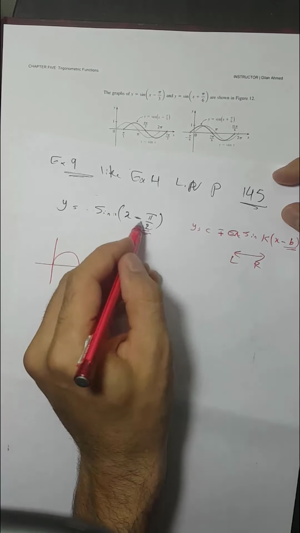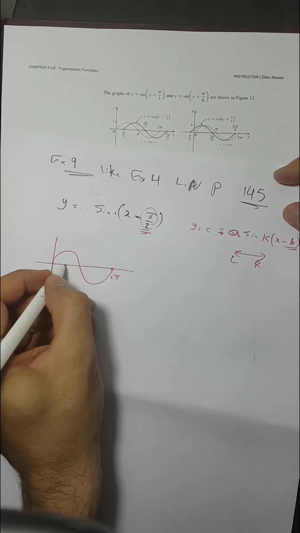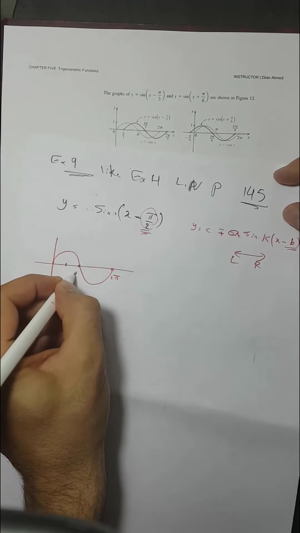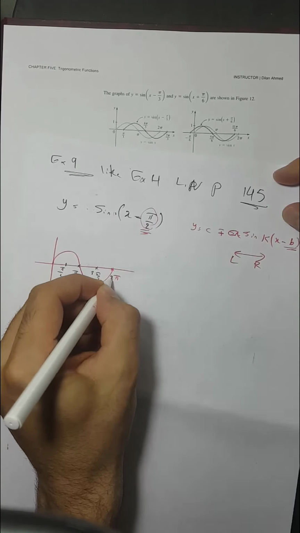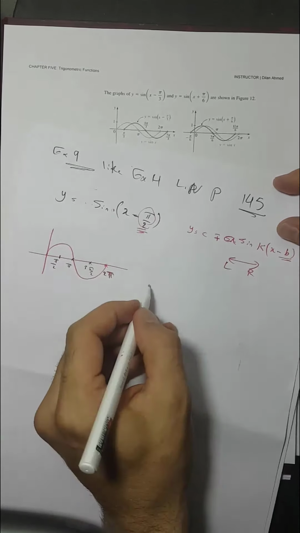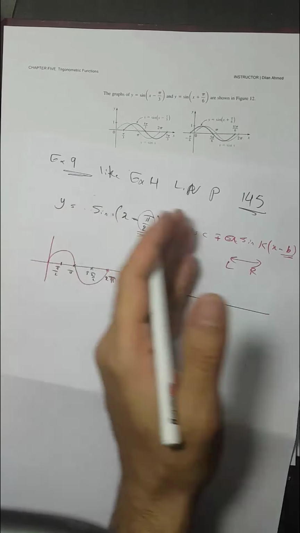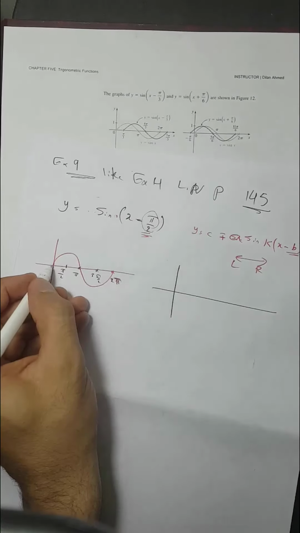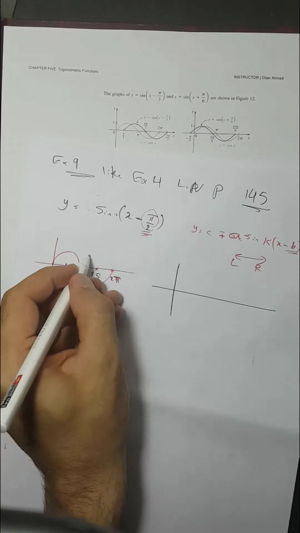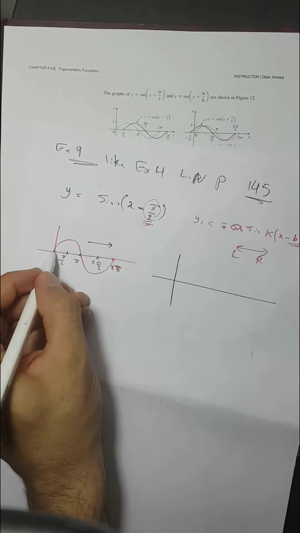So I have this extra pi over 2, 3 pi over 2, and 2 pi, as you know. Now when I say shift or minus, as you know in the function before, minus is for the right side, plus for the left side of the y axis. So it means to here.